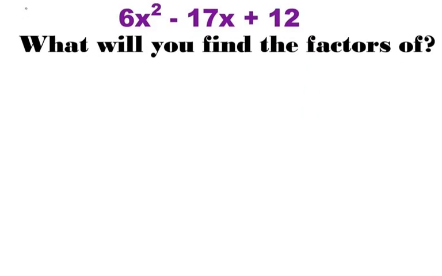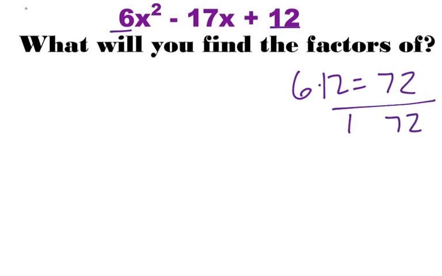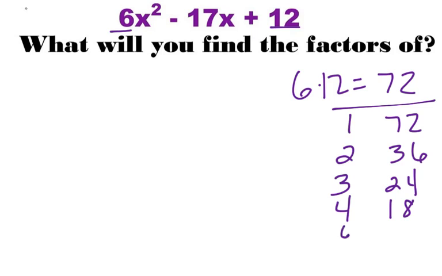So look and see if you can pull anything out. They don't have anything in common. Find the factors of 6 times 12, which is 72. 1 and 72, 2 and 36, 3 and 24, 4 and 18, 6 and 12, 8 and 9.